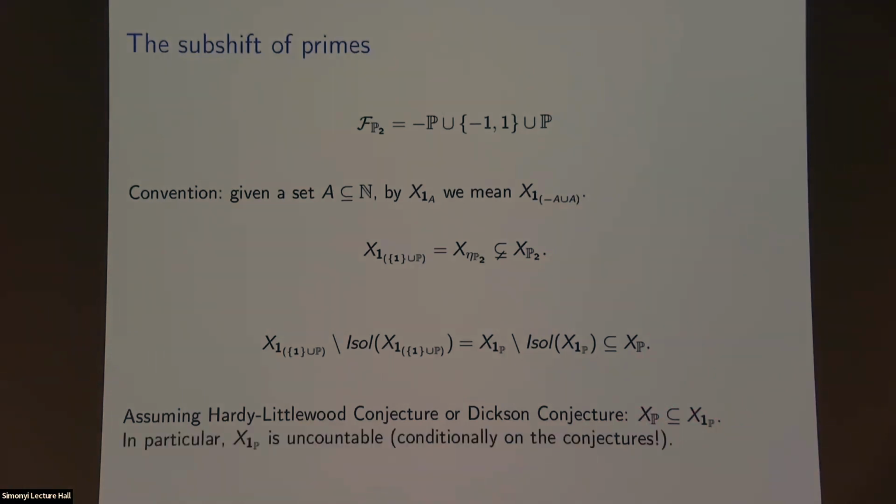In particular, conditionally on the conjectures, what I call the prime subshift would be uncountable, because this is always uncountable. But at the moment, I only formulated it conditionally.